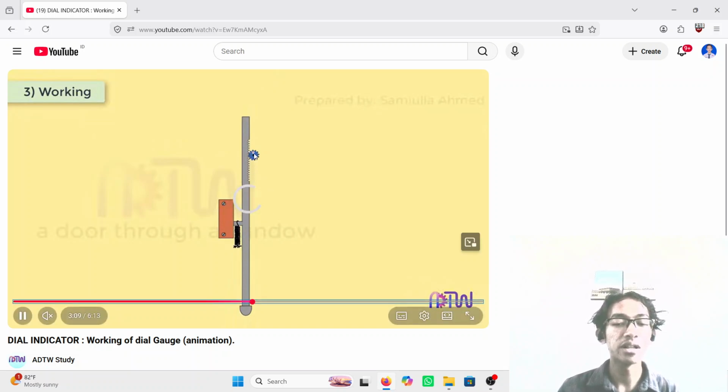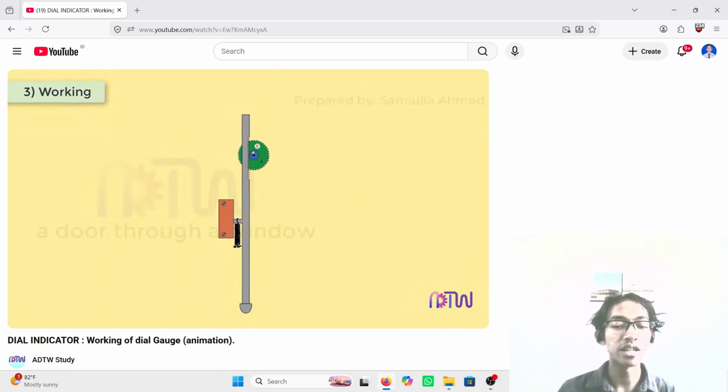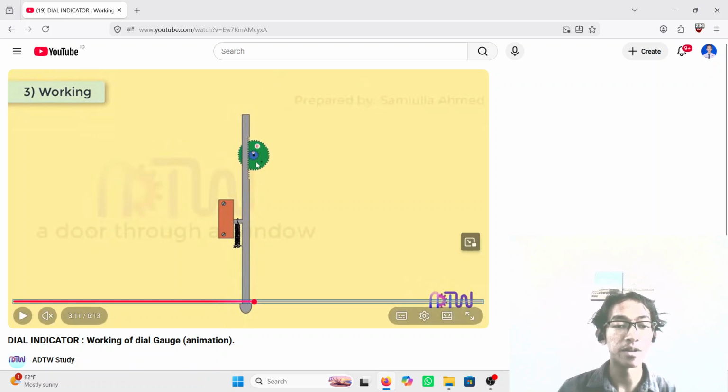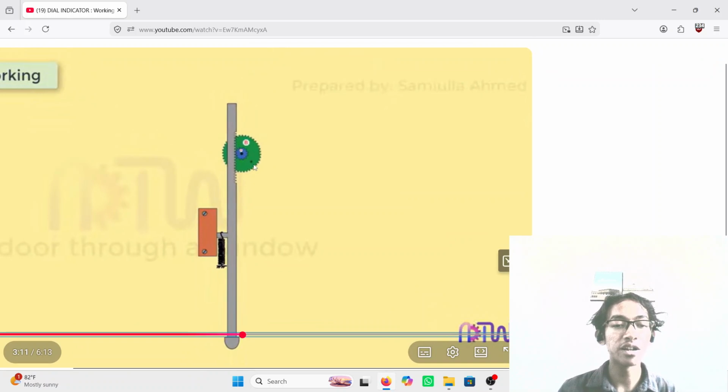For example, the starting pinion drives gear B, and gear B meshes with pinion C, which is the small gear, and pinion C in turn drives gear D.